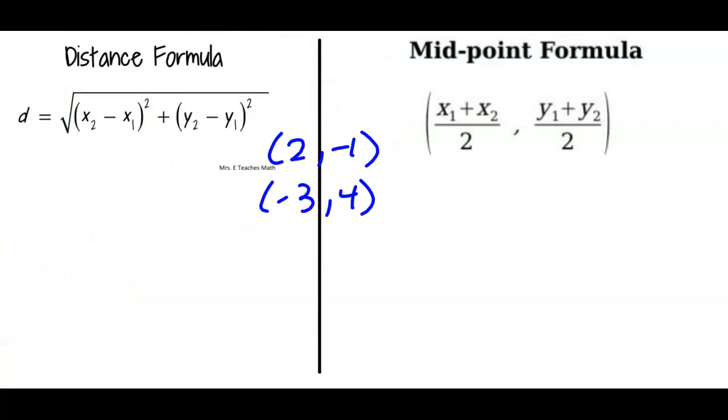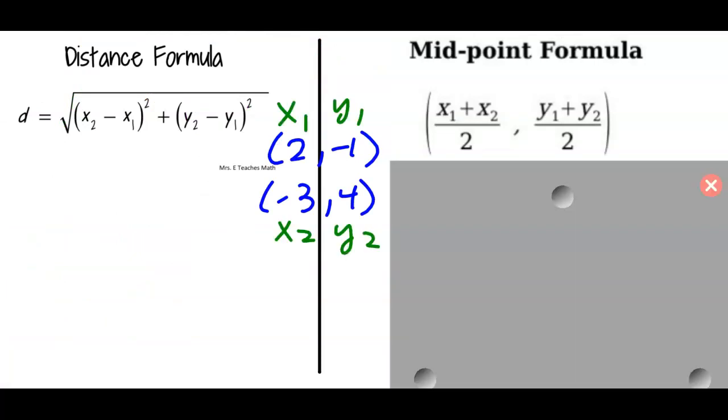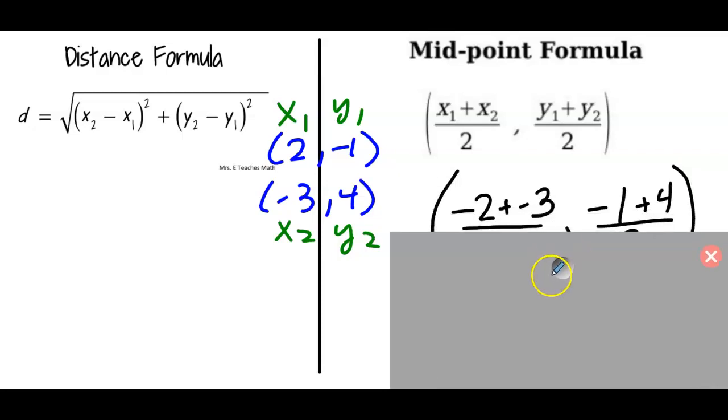Now, what about midpoint? Well, we're going to look at those same numbers, but we're going to plug them into our midpoint now. Still, our x1, y1 is 2, -1, and so on for x2, y2. So our x values that we're going to put in, well, that should be a positive 2, 2 and -3, okay?